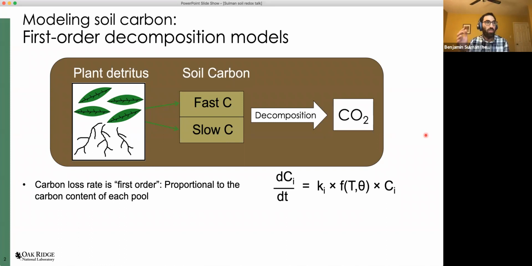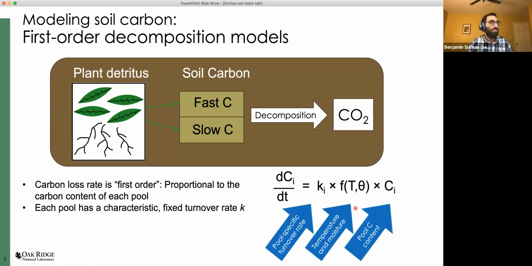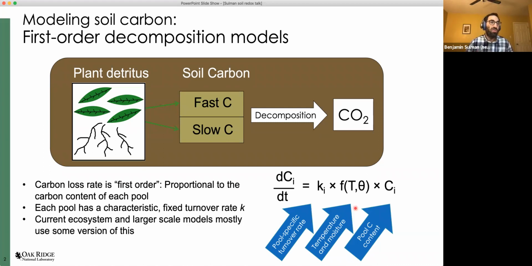These models are set up like the equation in this slide, where the change in the carbon stock of a pool over time is related to some fixed turnover rate parameter of that pool times functions of environmental variables like temperature and moisture times the size of that pool. So this pool turnover rate is an important factor in this type of model.